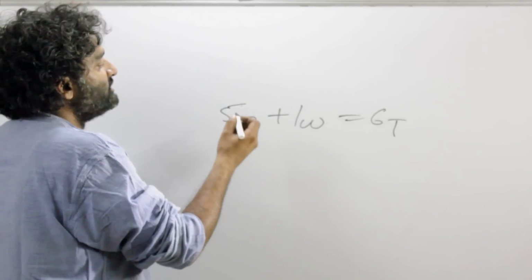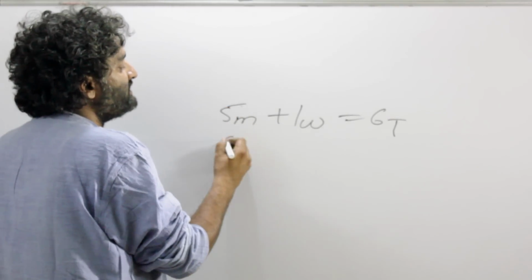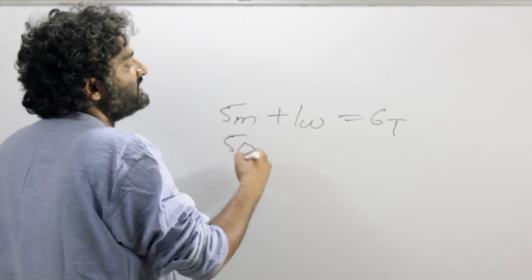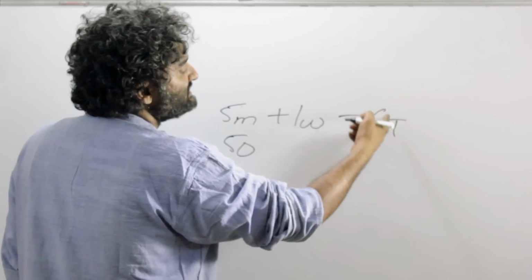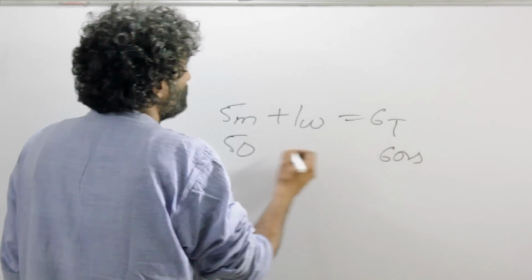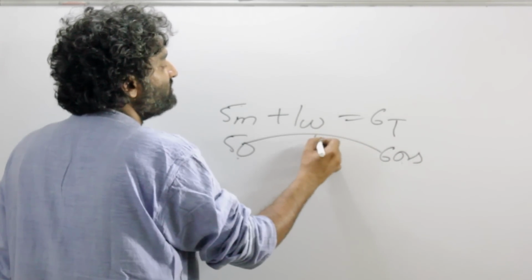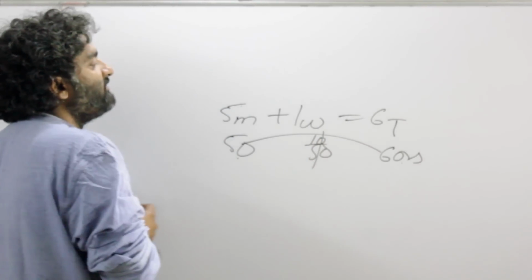Or if you want to take an example, let's say the milk was 10 rupees per liter, so the cost was 50 rupees. The customer will see 6 liters, and even at 10 rupees, he will give you 60 rupees. So what was 50, you are getting paid for 60. That means there is a markup of 10, or percentage-wise a markup of 20%.